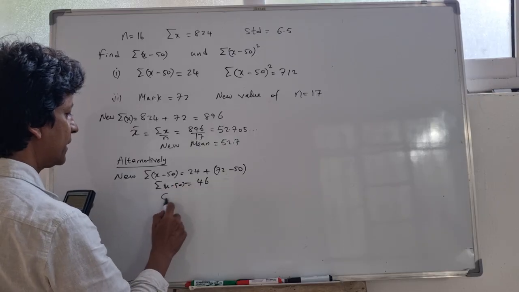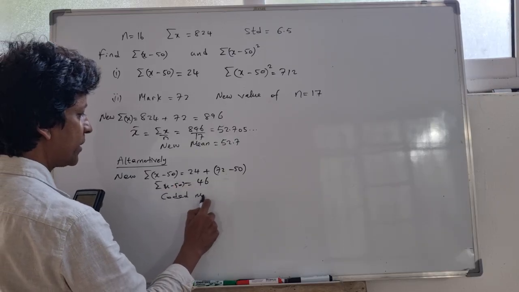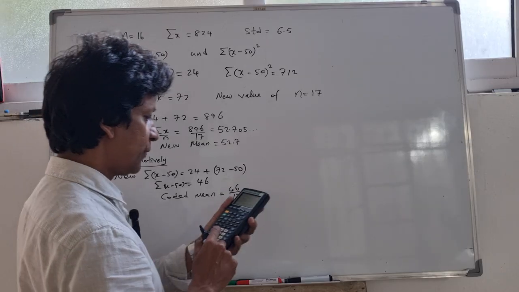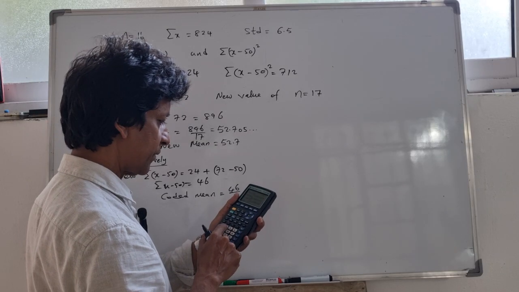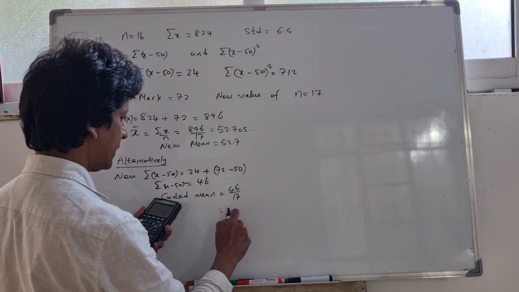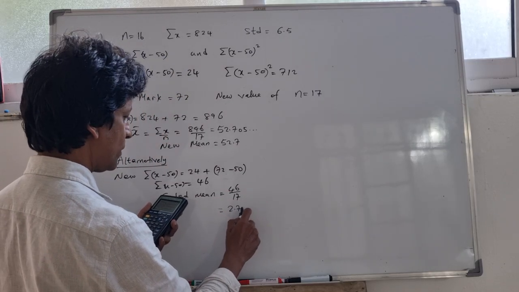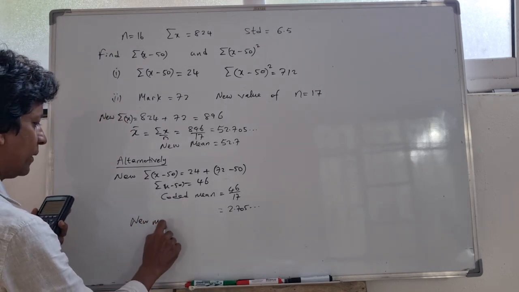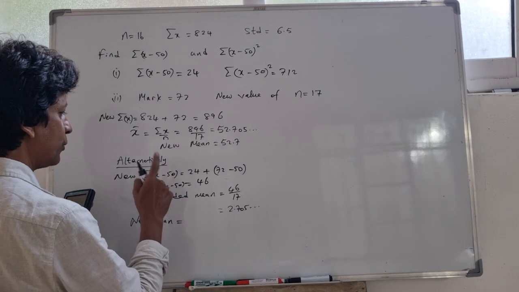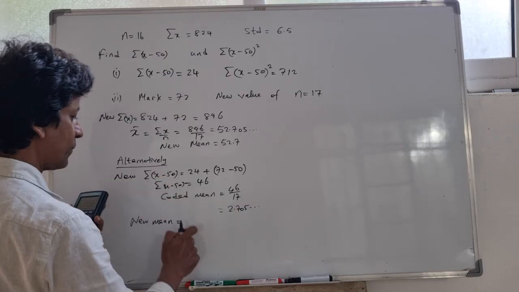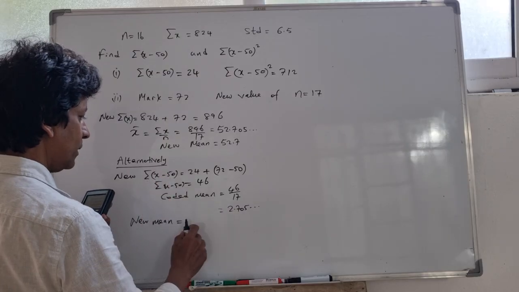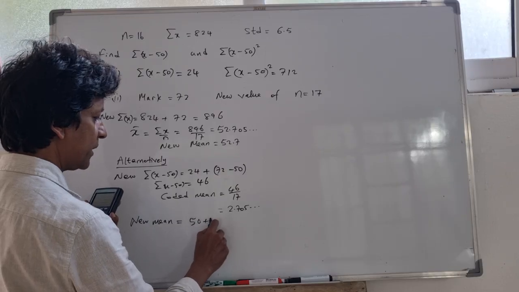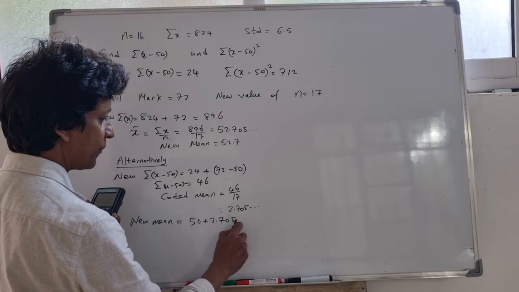And so the coded mean is going to be equal to 46 divided by 17. So if I say 46 divided by 17, I'm going to get 2.705 and so on. So therefore the new mean is going to be equal to 50 plus the 2.705.